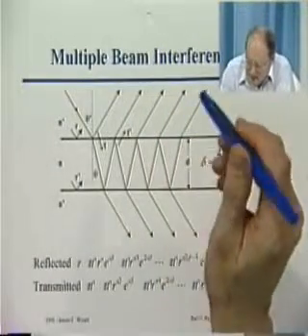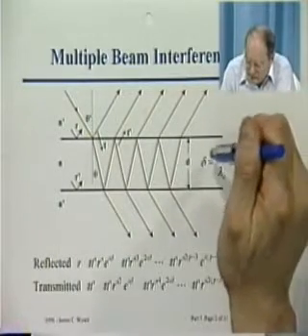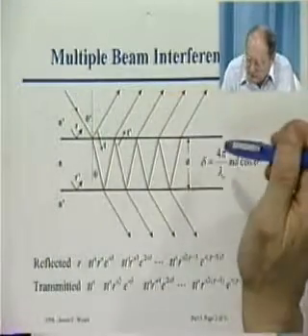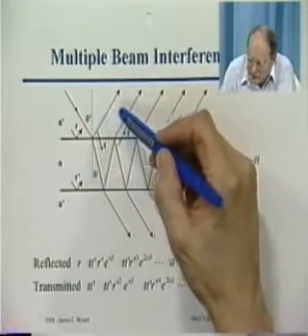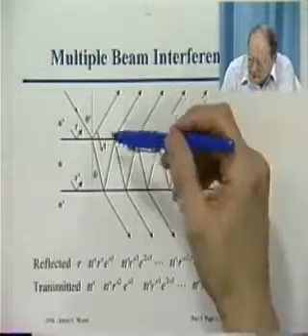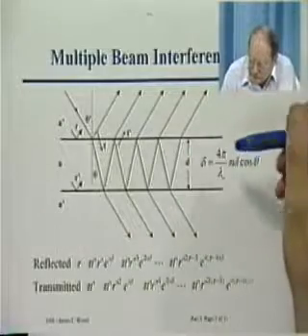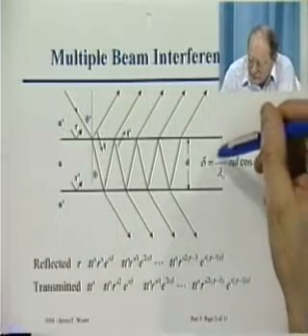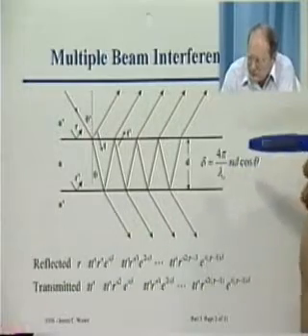Now, we know from previous work that if we look at two consecutive beams in reflection or in transmission, the phase difference, neglecting any phase changes on reflection, goes as 2 pi over lambda times 2 n d cosine theta.